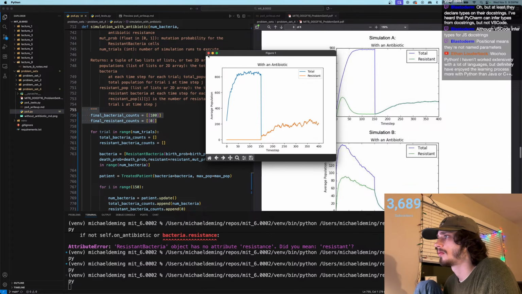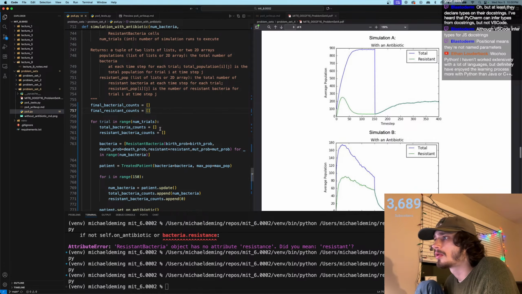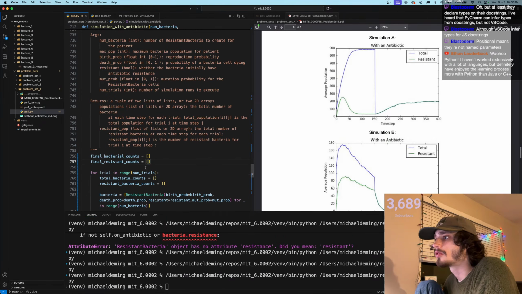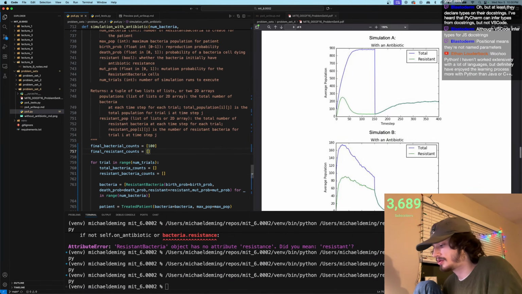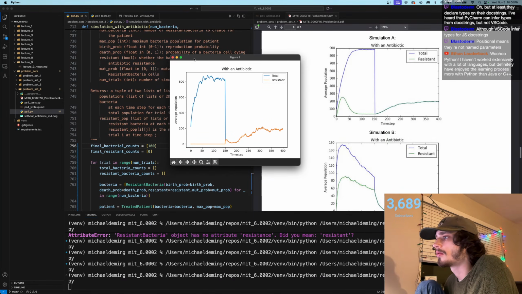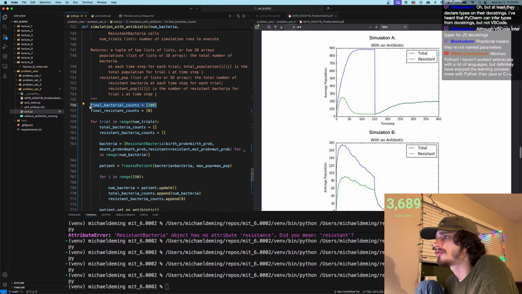No. So that's going to add in a list of values. We're going to append the value. Oh, so let's add in 100 and 0 here to start. No. Final bacteria counts as 100. Resistant counts as 0.